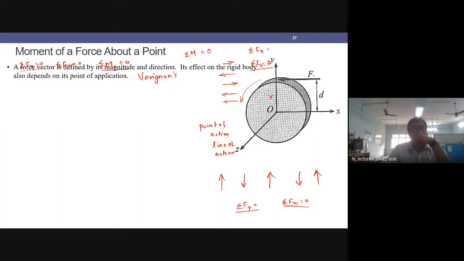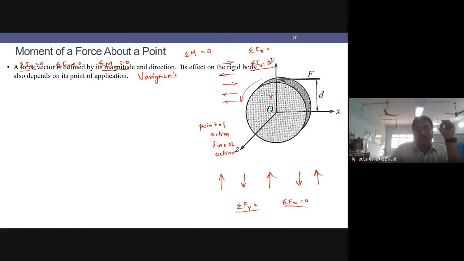Right now, because of this force acting here, if I am considering my wheel, when I rotate the wheel, what does it do? The wheel rotates, or revolves, along the center.